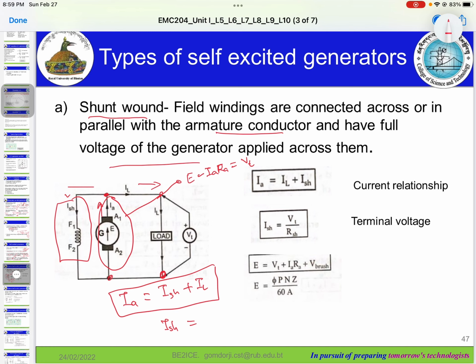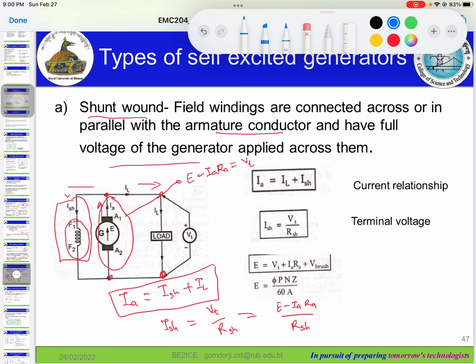So your field current ISH will be equal to the terminal voltage divided by the resistance of the field, RSH. We can also write this as (E minus IA RA) divided by RSH. This is the current and voltage relationship at the field winding.